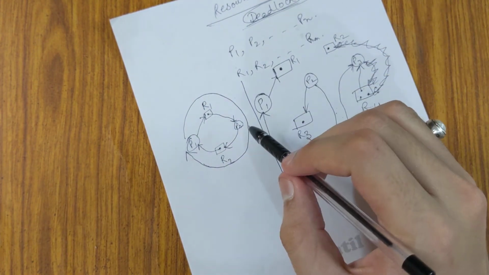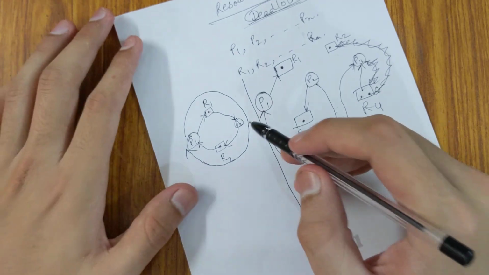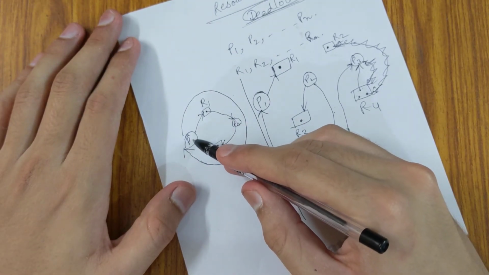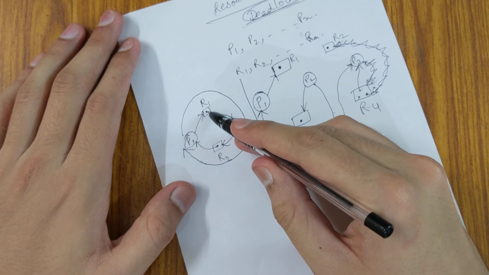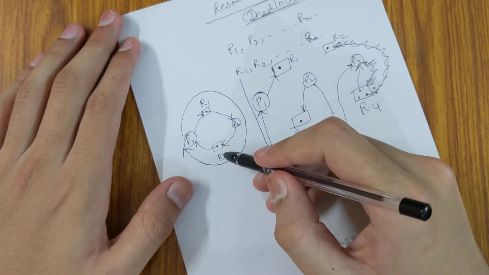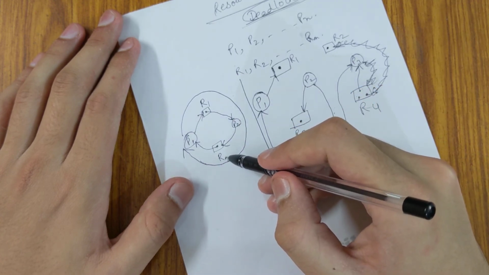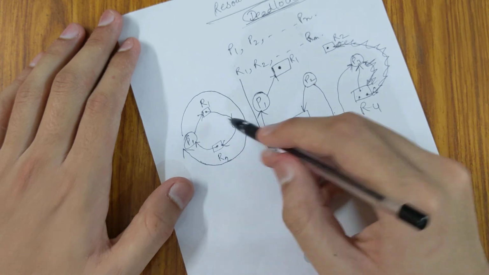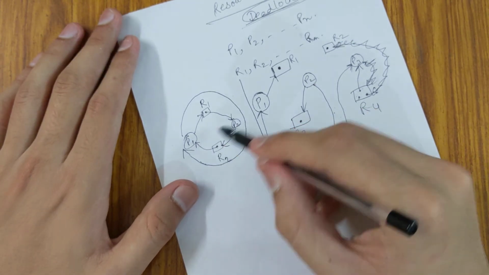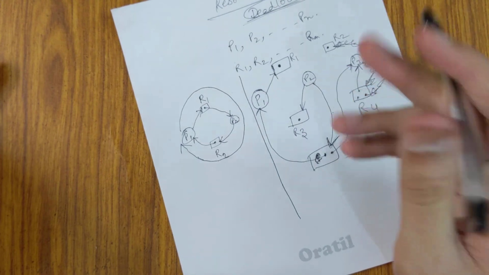This cannot happen. So right now P1 is waiting on R1 indefinitely and P2 is waiting on R2 indefinitely, while the vice versa processes have acquired them.